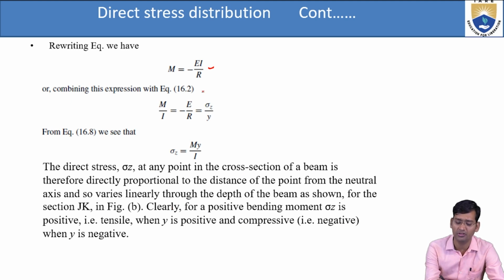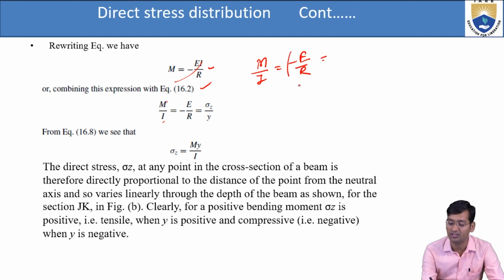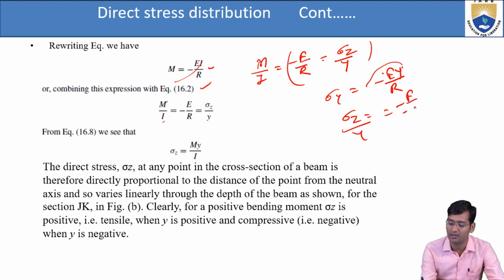Combining with the expression from earlier, now just take M by I. From here we get M by I equals minus E by r.